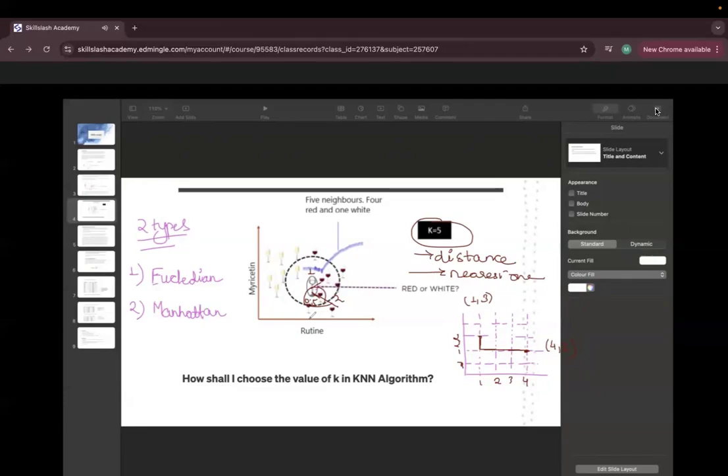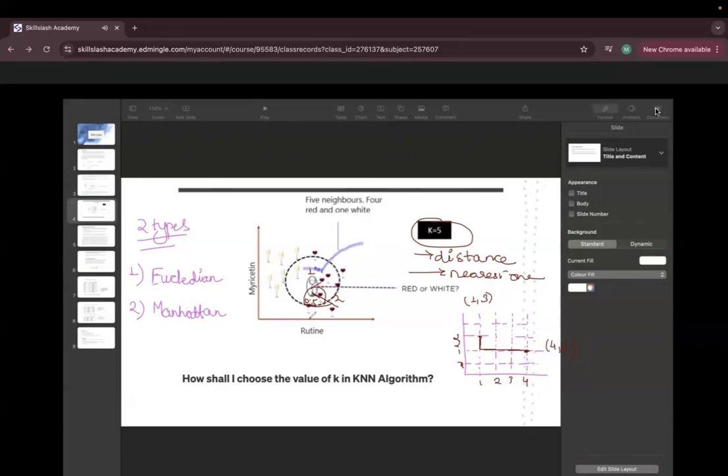Suppose 3 of them are white and 2 are red, I am going to say that my new data point is the white one. Basically, we are finding the nearest neighbor on the basis of the majority. Whatever the nature of the majority of data points is, I am going to assign the same nature to my new data point.